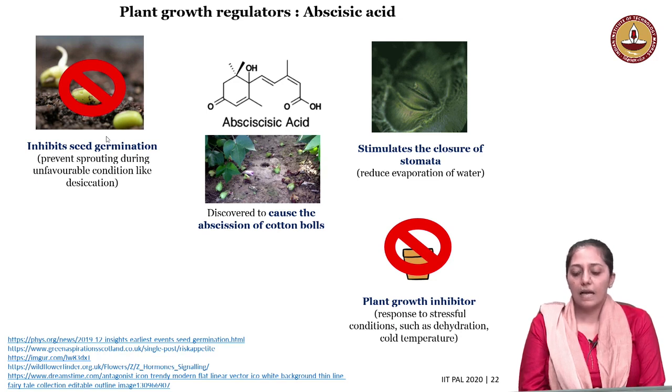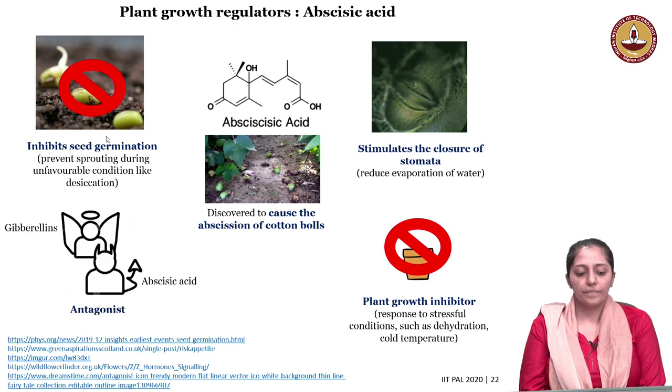So, it acts like a plant growth inhibitor, which can be a response to environmental stresses like cold temperature or dehydration. So, now I am pretty sure you must have made out that gibberellins and abscisic acid are antagonistic.